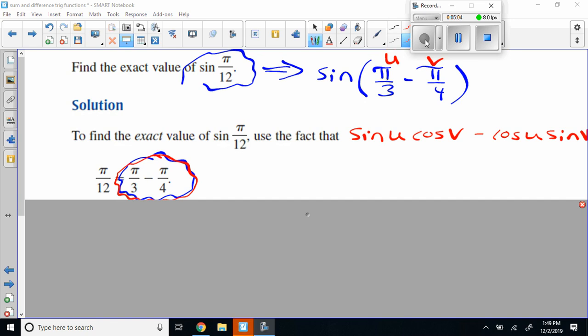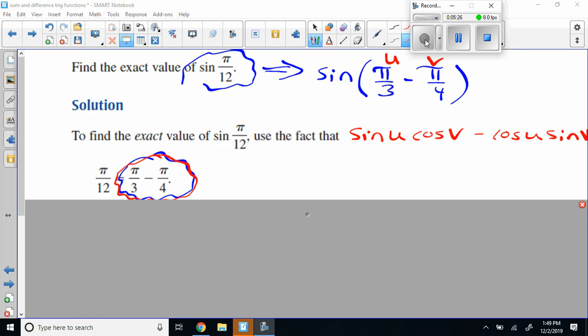Okay, so here's what I need for you to do. Do y'all understand how I got the red? Anybody confused about how I got the red? The first things that we wrote down were 6 formulas, right? You had a sine where it had two things being added or two things being subtracted, correct?